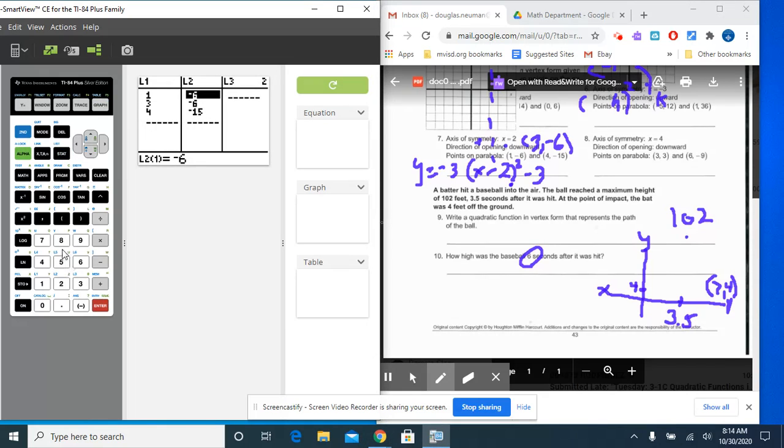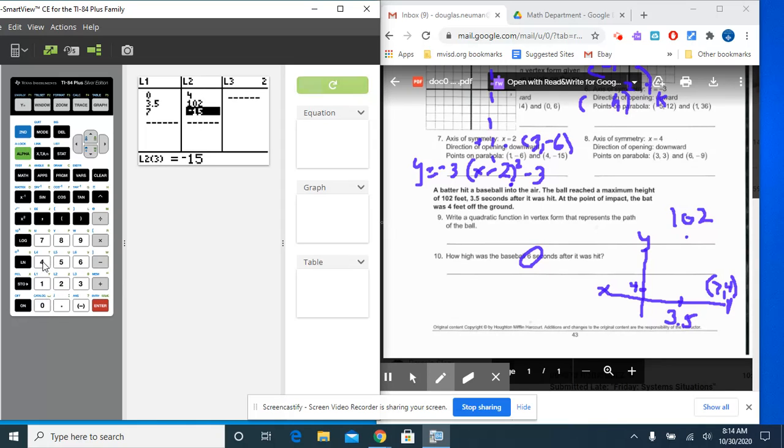So you're back to stat edit. Got the correct side here. So 0, 3.5, and 7. And then 0 is 4. 3.5 is 102.